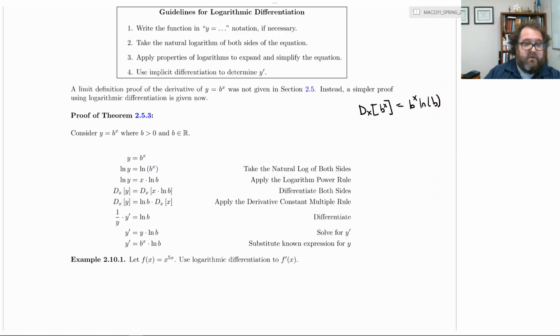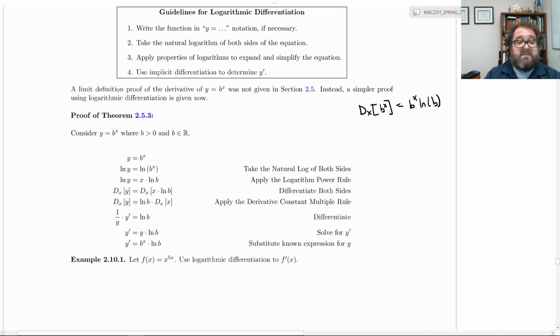So if we want to differentiate y equals b to the x according to logarithmic differentiation, what we do is take the logarithm of both sides, the natural log. So we take the natural log of the left-hand side, natural log of the right-hand side. That's step 2 here, line 2. Now the next step, the whole point of doing this, is to apply properties of logarithms.